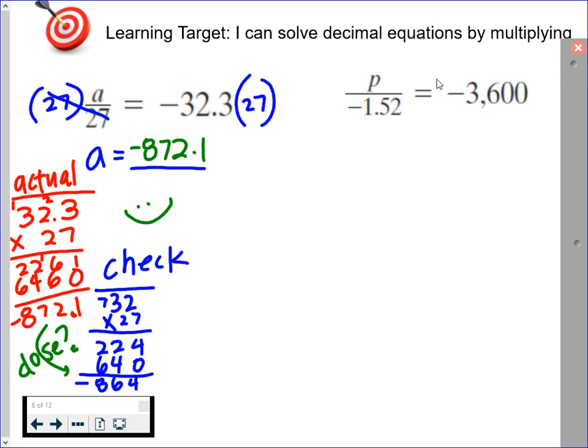You can kind of see a pattern happening. Multiply on both sides. Find your exact answer. Use estimation to see, is my exact answer reasonable? Am I close? Does that make sense?